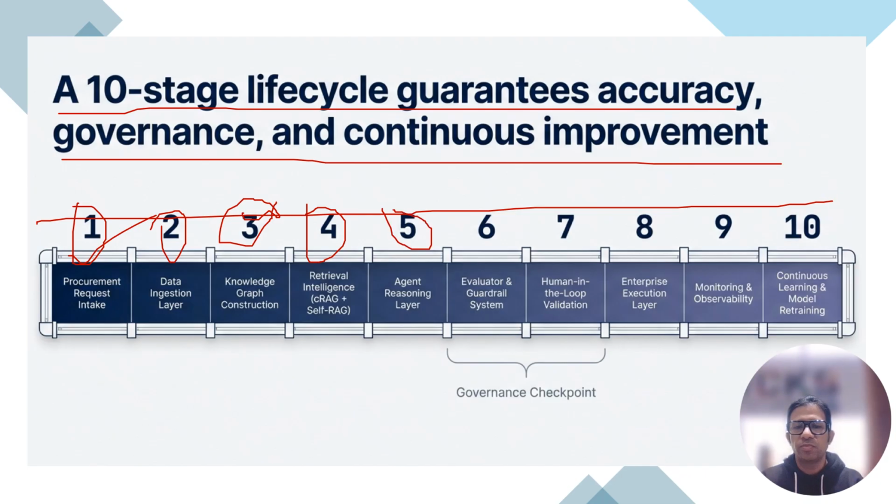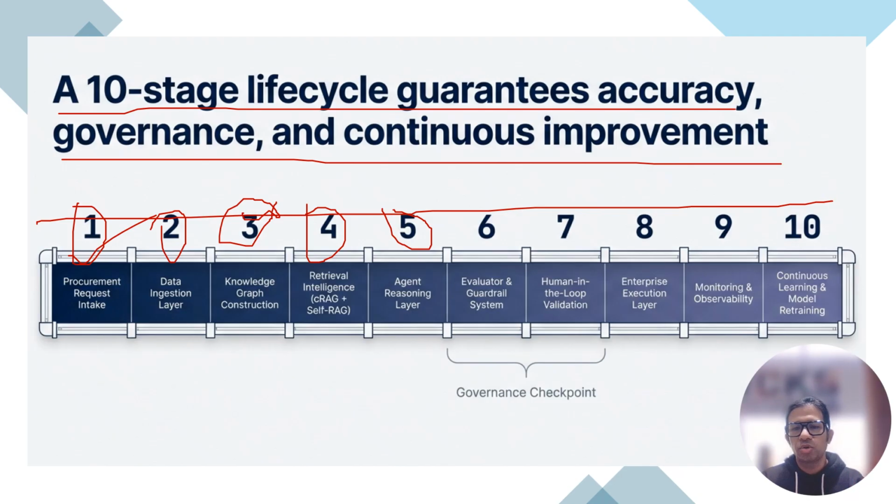Now move to stage 5. Stage 5 is agent reasoning. This is where our specialized agents work: sourcing, risk, compliance, pricing, negotiation, contract intelligence. They don't guess. They act using retrieved context and tools.